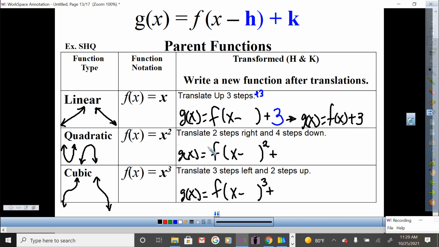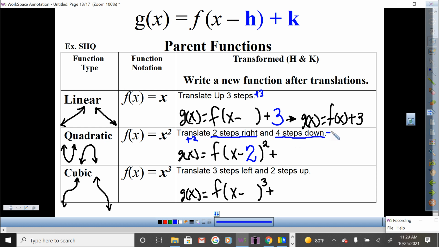Okay, let's do the same for the quadratic. Translate 2 steps to the right. To the right, it's a positive 2, yes? Okay, and where does that go? Outside of the parentheses or inside? So I just write a positive 2 right there, okay? Then it says 4 steps down.